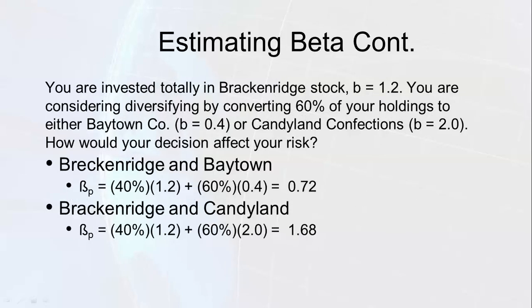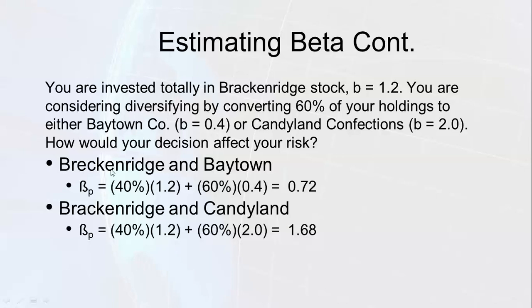So let's consider this example. Okay, so this one, Breckenridge stock, has beta equal to 1. Okay, and this one, Baytown, has beta equal to 0.4, and we have Candyland, which has beta equal to 2.